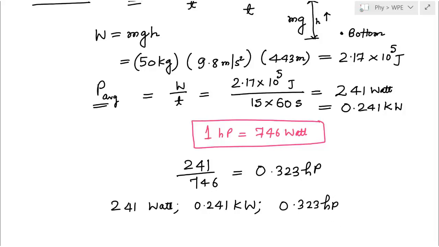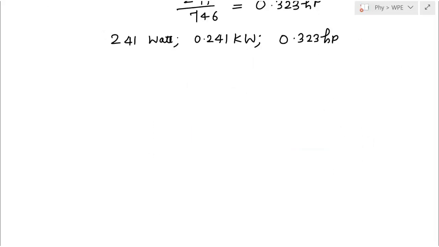Now in the second approach we can use force dot velocity. So let us discuss the second method by which we can solve the same problem. That is method 2. In this case we can calculate average power simply as force dot velocity.